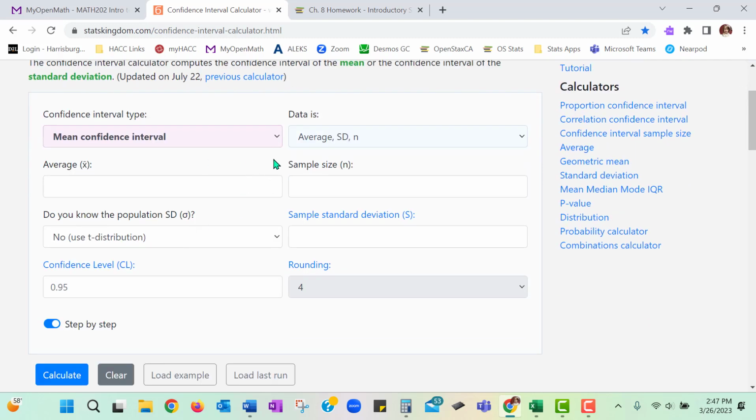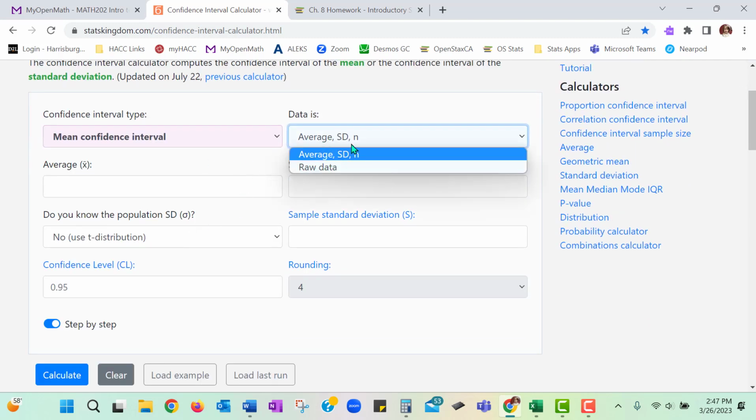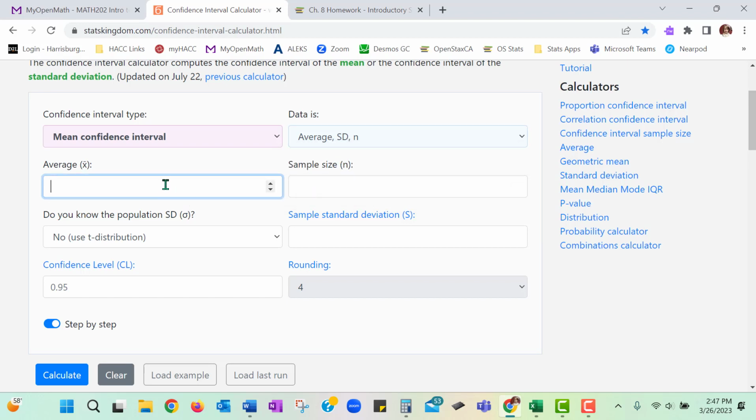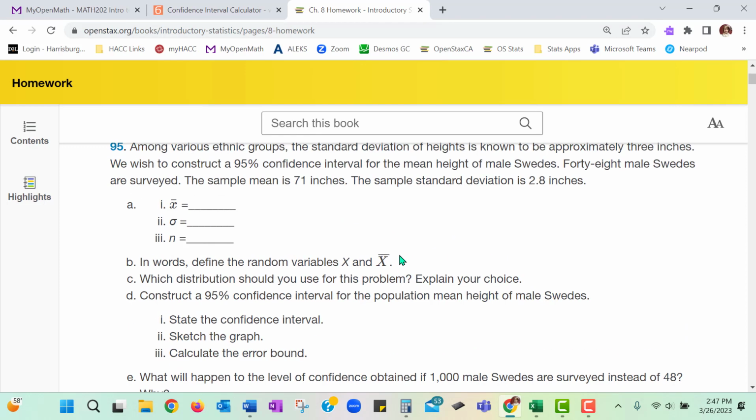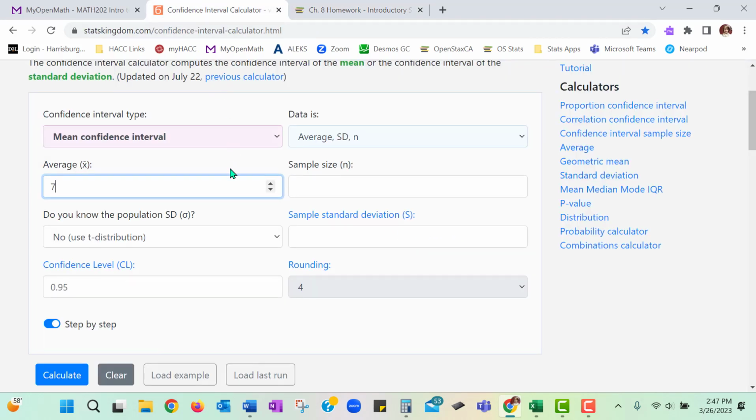And we are given just the descriptive statistics, not the raw data, so we leave that as is. Our x bar, our sample mean, is 71. And the sample size was 48.